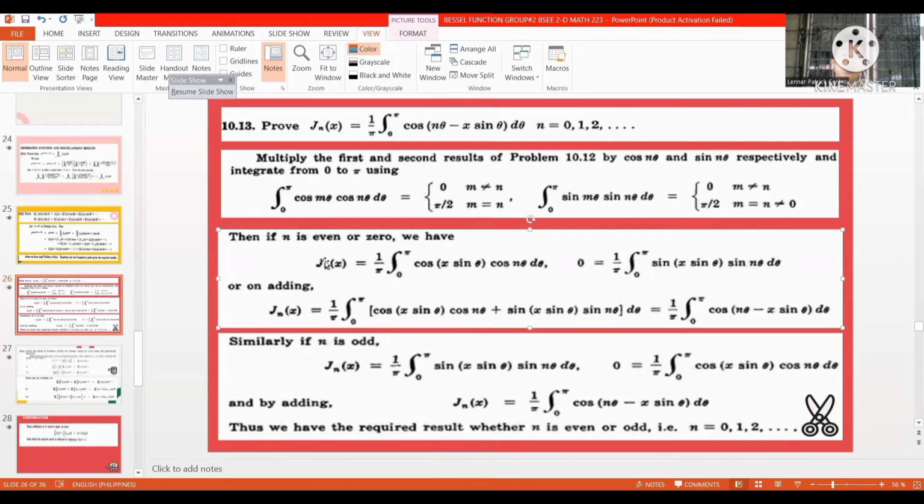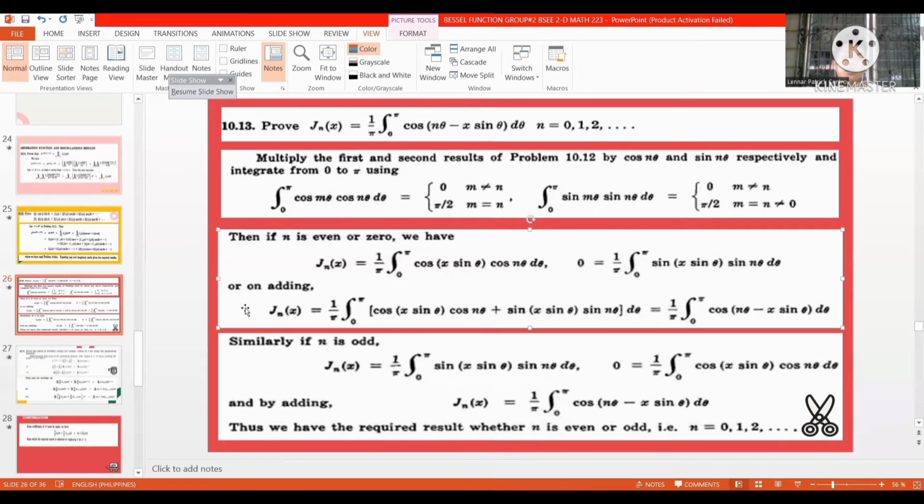Then if n is even or 0, we have J_n(x) equal to 1/π times the integral from 0 to π of cos(x sin θ) cos nθ dθ, and 0 is equal to 1/π times the integral from 0 to π of sin(x sin θ) sin nθ dθ.